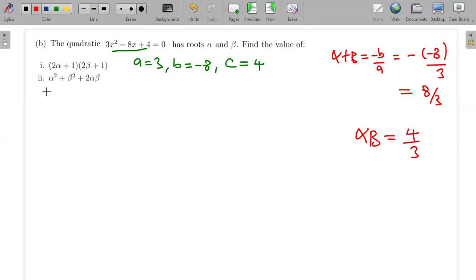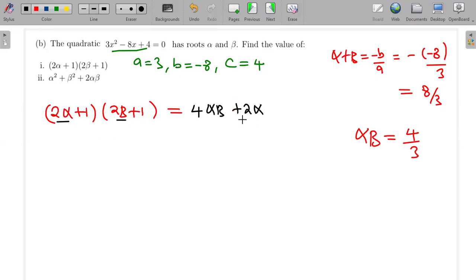So now I get the first one, which is 2 alpha plus 1, and then 2 beta plus 1. Okay, I expand. So 2 alpha multiplied by 2 beta, I get 4 alpha beta. 2 alpha multiplied by 1, I get plus 2 alpha.